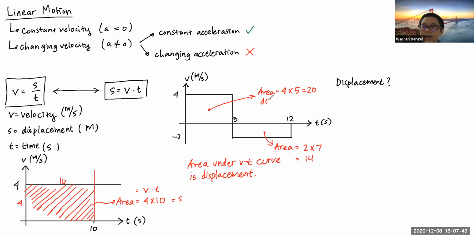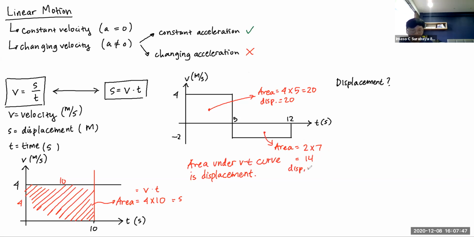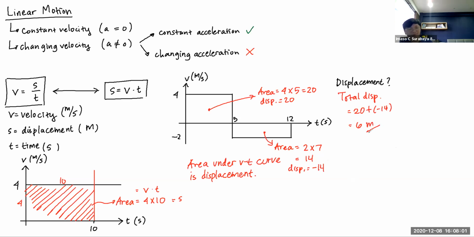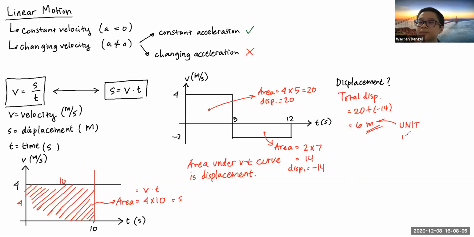In the first case, the displacement is 20. In this case, the displacement is -14. 20 plus -14 practically means 20 minus 14, and so it is 6. So 6 meters. Don't forget the unit.